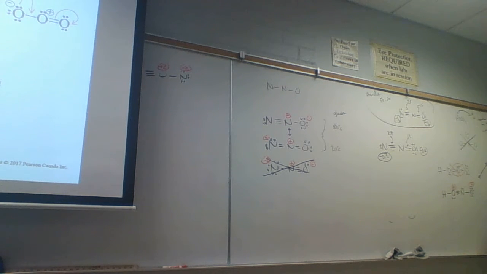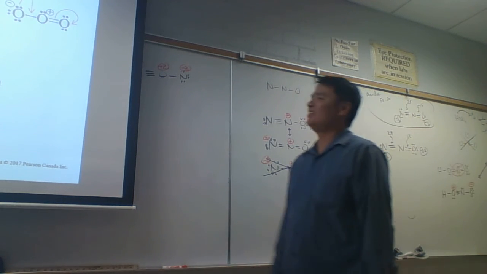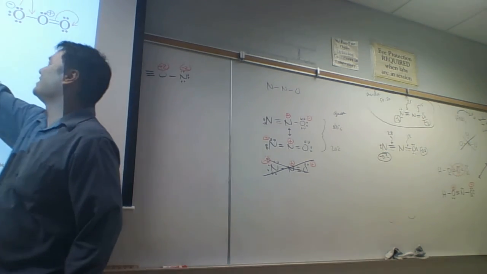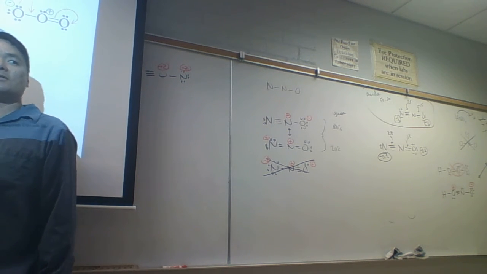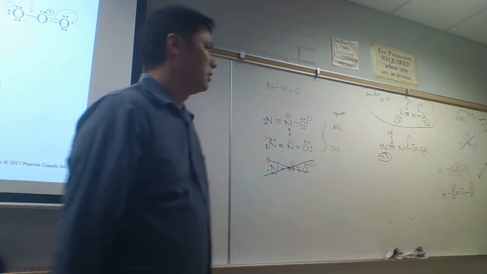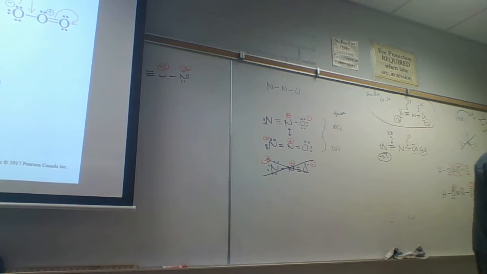Why? If there's a tug of war between two oxygens, which oxygen wins? Well, in this case, we couldn't help but make the formal charge, but in order to get an octet, we had to sacrifice that. That was to make the octet. But in this case, we got an octet here.